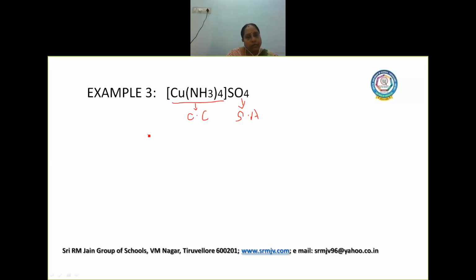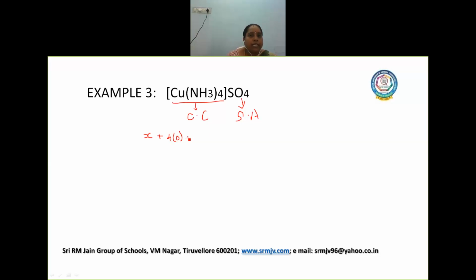As usual, we know that. Okay, so now we are going to find out the oxidation state of copper. So it can be taken as X, right? X plus, and there are 4 ammonia molecules present, but the charge of ammonia is 0 because it is a neutral ligand.